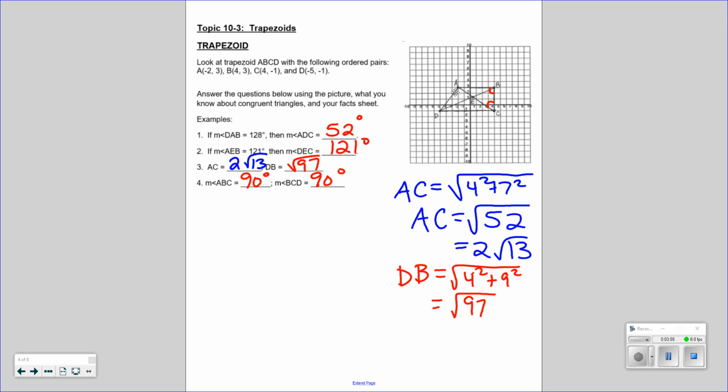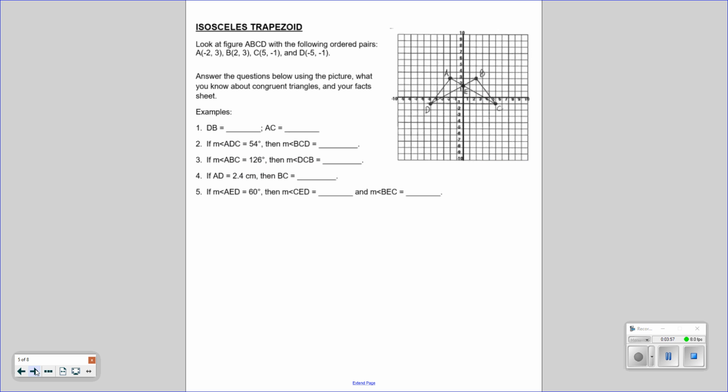Okay? All right, now let's look more specifically at an isosceles trapezoid. So here's an isosceles trapezoid, and what is the length of DB here? So let's do the same thing and do your right triangle. And so DB, we have 4 squared plus 7 squared. Take the square root, so we get the square root of 65.